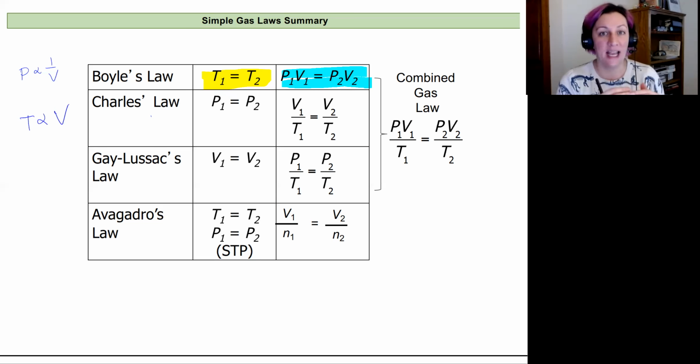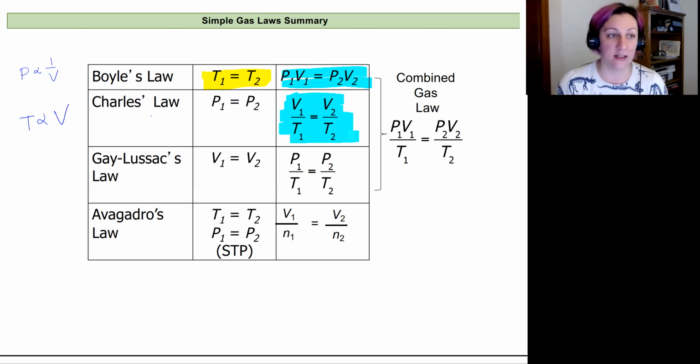And if we divide our volume by our temperature, that'll be equal to the volume and temperature divided by one another after the change in temperature or in volume has gone into effect. And so that proportional relationship is going to translate into this relationship here between volume and temperature that we consider Charles' law. And again, this only works when we have our pressure constant.